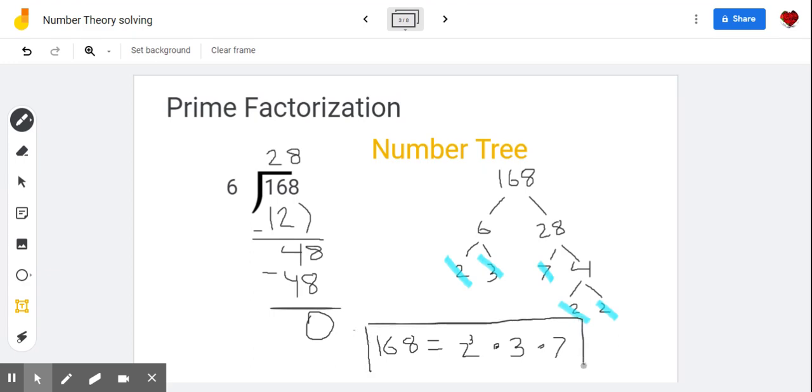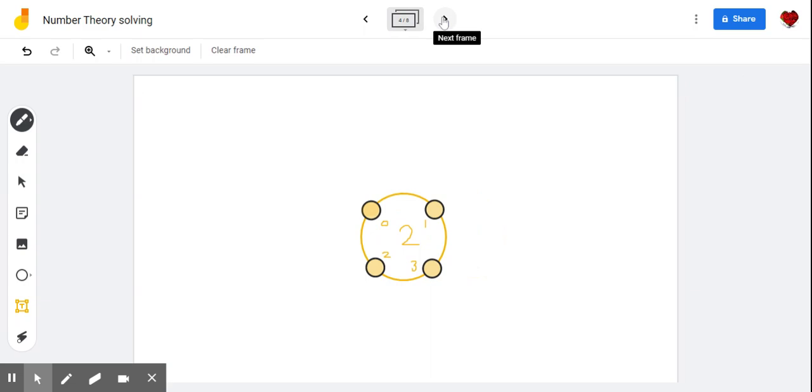This is what we're going to use to find all the rest of the divisors of 168. We're going to do this by starting with some circles. In this circle, we are showing the exponent 2 to the 3rd.